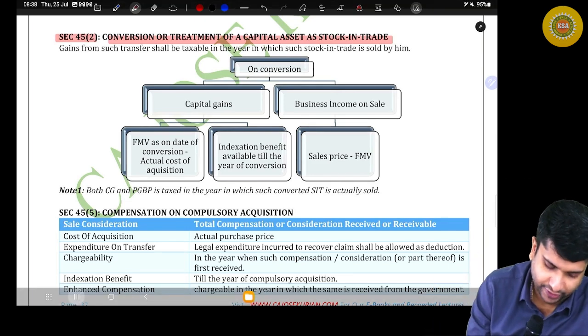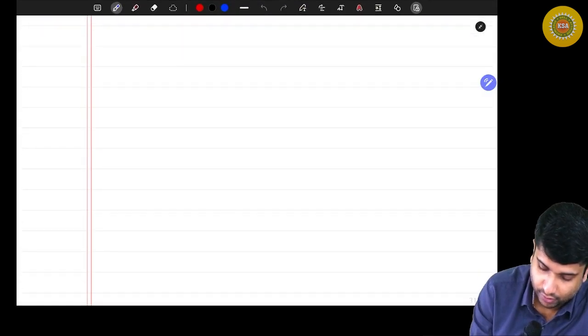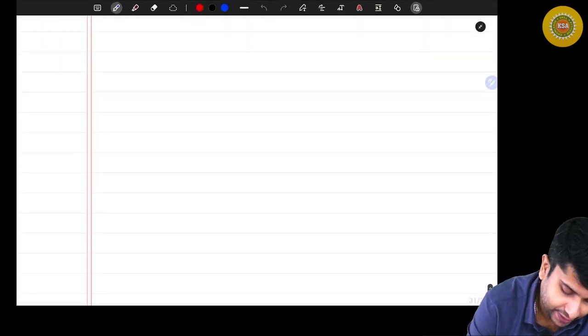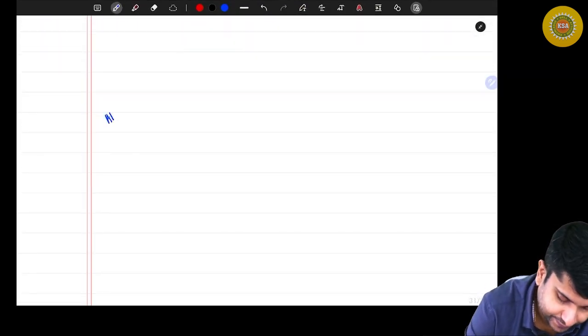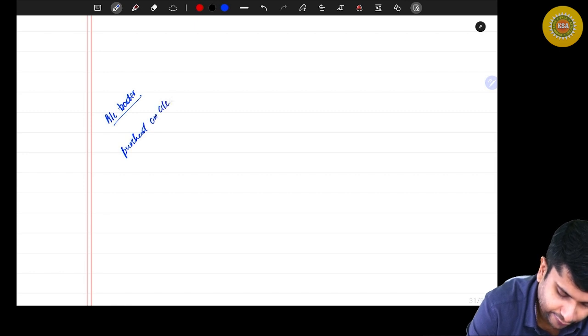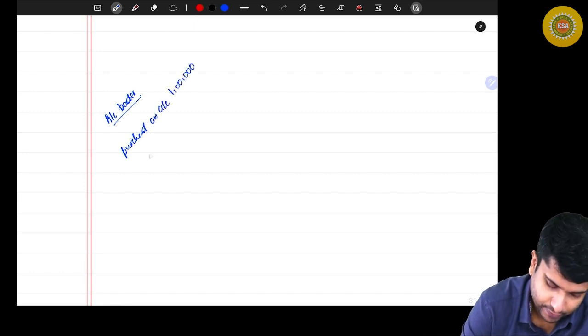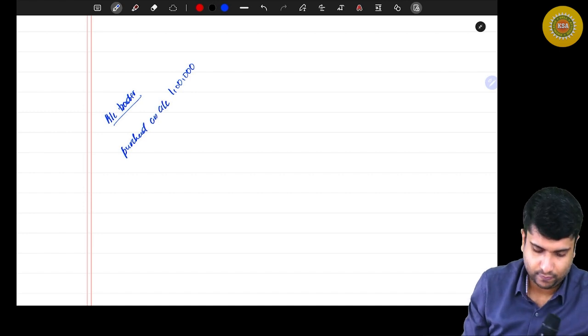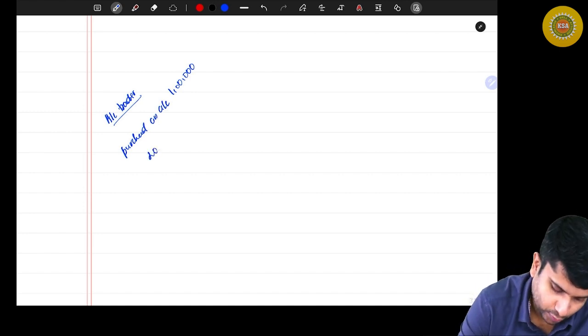I'll make use of an example. Say, for example, I am an AC trader. I purchased an AC for 1 lakh rupees in 2021-22.